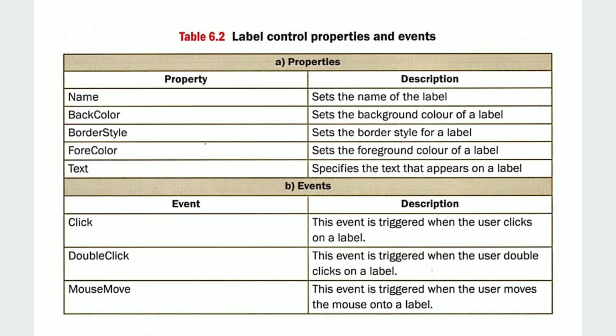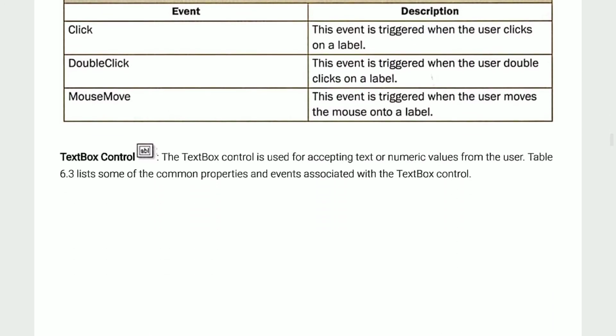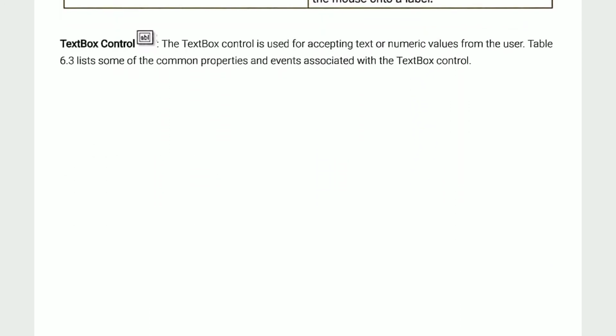Now let's talk about another control, that is text box control. As you can see on the screen, what is the use of text box control? The text box control is used to accept input and display output as per requirement.